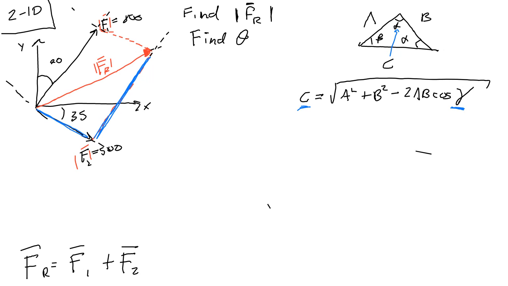Wait, what is that again? This is supposed to be a 40. Okay. So if we add up 40 and 35, that gives us 75. So this is going to be, I think, 95.